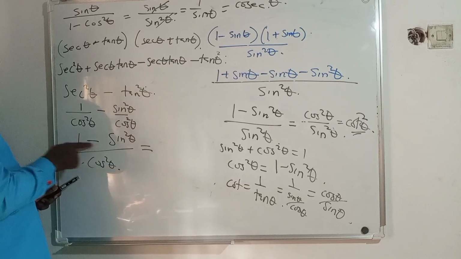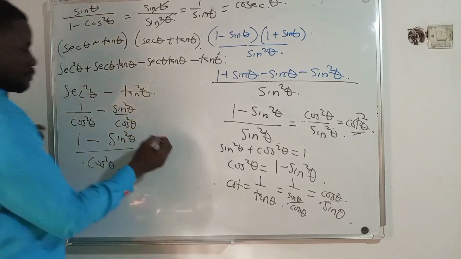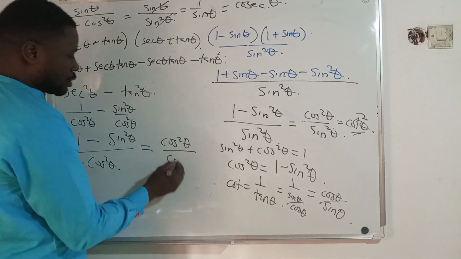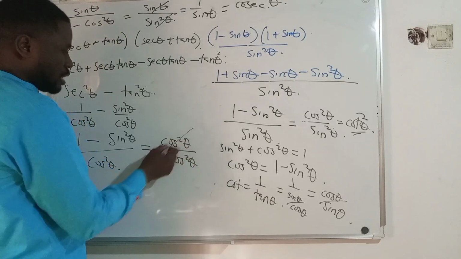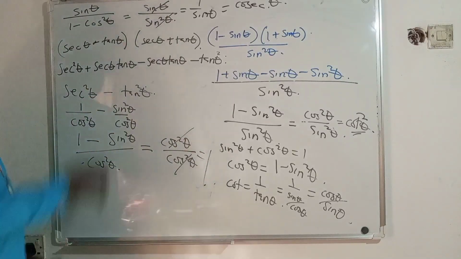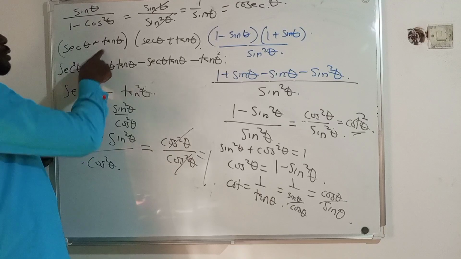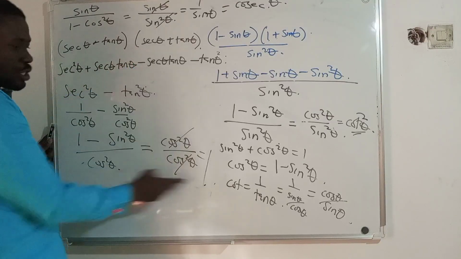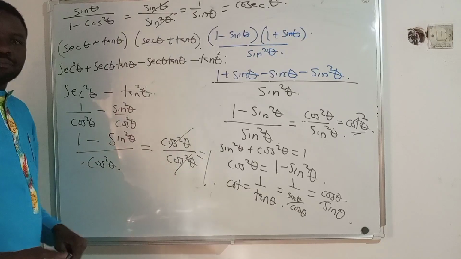But remember that 1 minus sine square theta is the same thing as cos square theta, and that has to be all over cos square theta. Of course this will cancel and you're going to have 1. The question is, show that sec theta minus tan theta multiplying sec theta plus tan theta is equal to 1, and that's what we have shown.